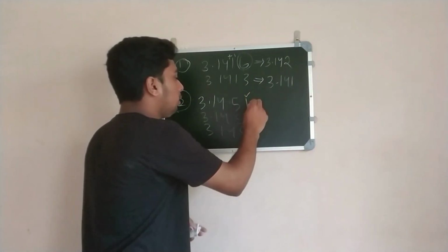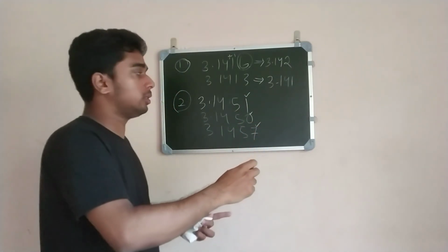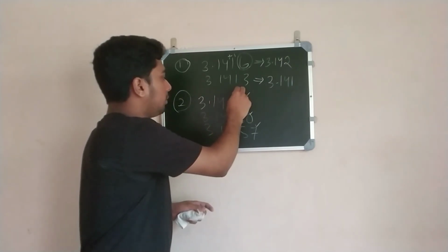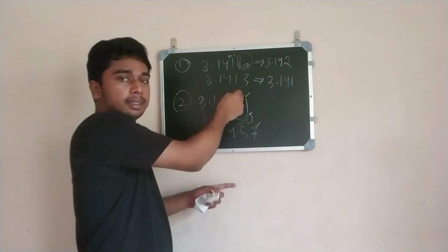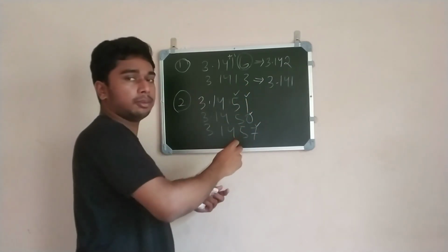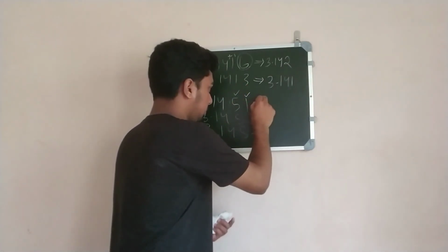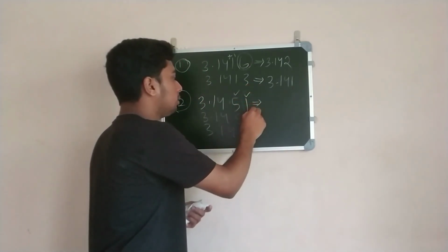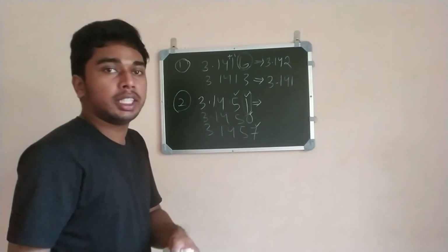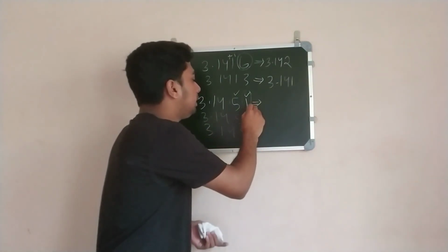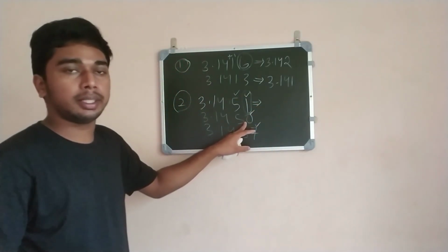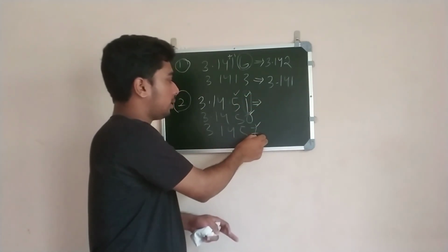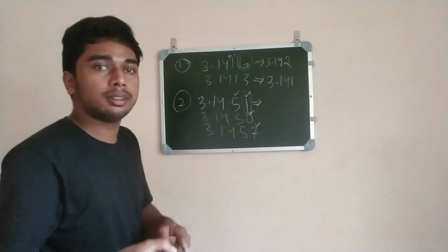If you want to round up these numbers, I am seeing that 5 is present in every one of the 3 numbers. So in this case, you have to notice whether the digit after it is 0 or not. In the second case, 0 is present, and in the first and last cases, non-zero digits are present.